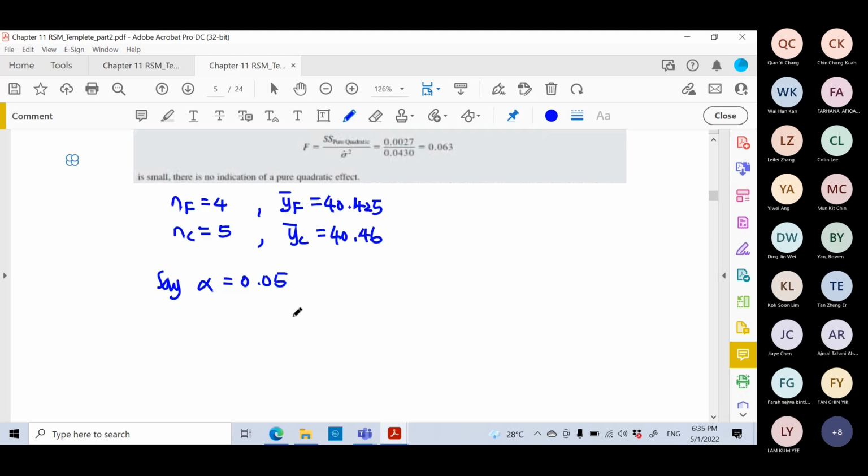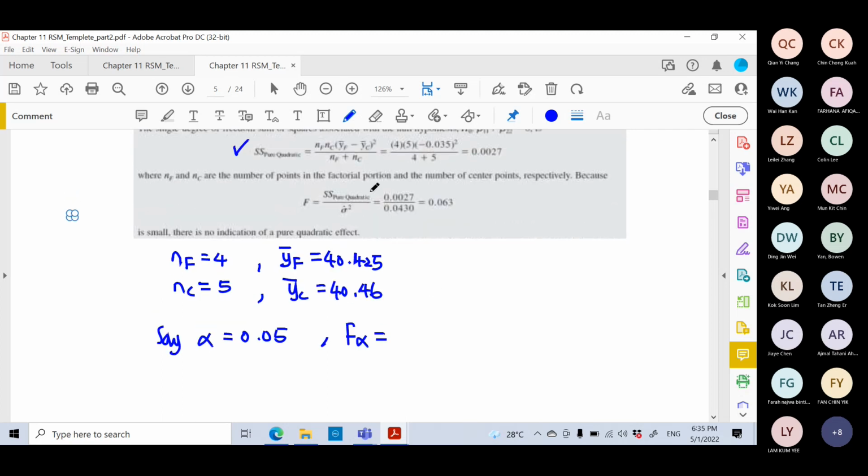Then you get your F for alpha from the F table, with the degrees of freedom for the first one equal to 1 and the second one the error degrees of freedom. Then you get your F value from the table and compare it with the F value from the calculation. This value is quite small, so therefore it is not significant. Then you say there is no indication of a pure quadratic effect. It is not that we just look at the value itself; we compare it within a certain alpha level.